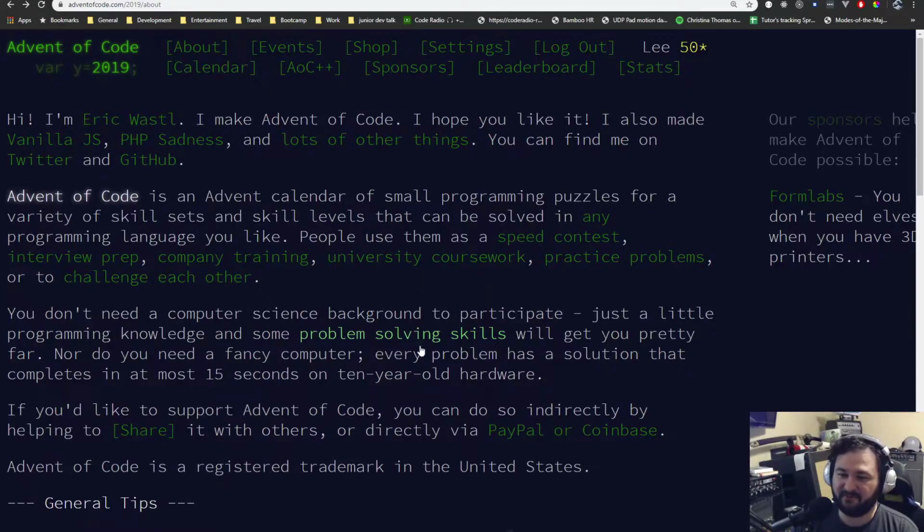But they do say you need problem solving skills, which is true. Computer science background, mostly true. You definitely need working knowledge of basic data structures and algorithms to get through some of these problems.